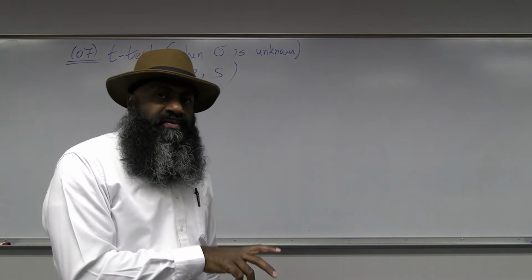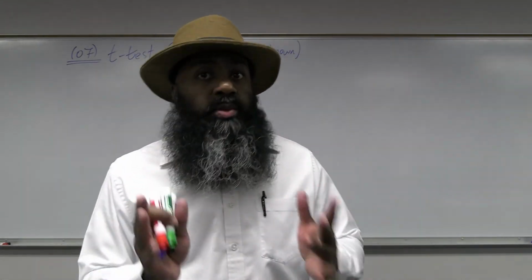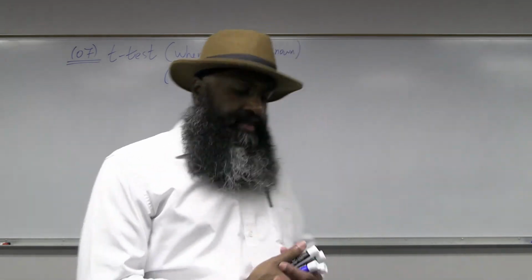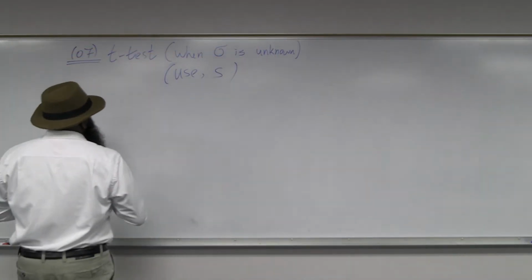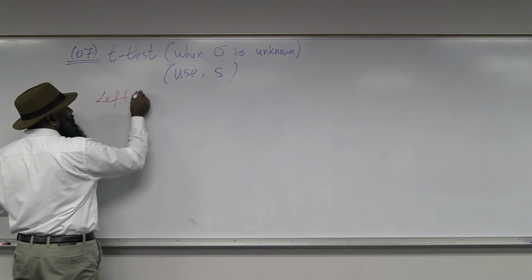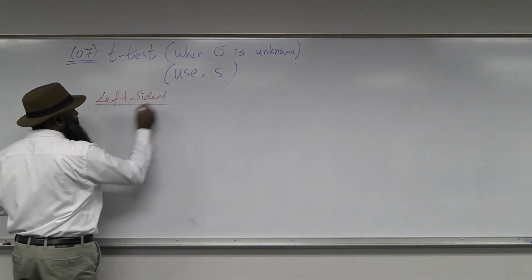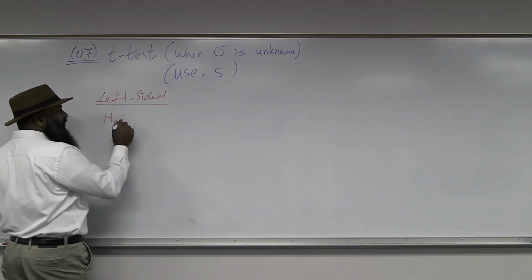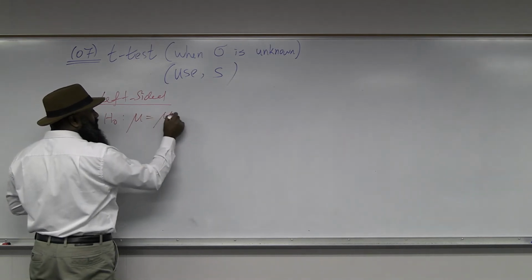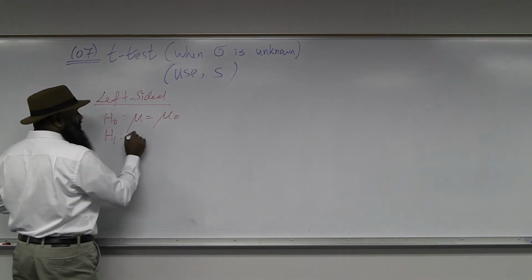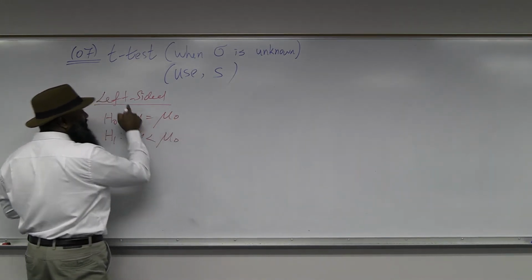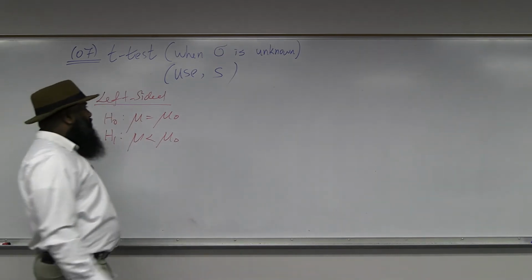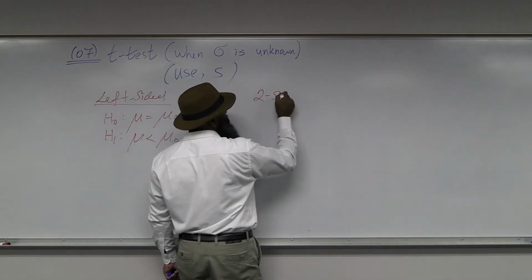Once again, you can have those 3 forms of tests. You can have left-sided, two-sided, or right-sided tests, which means I can have tests of the form null hypothesis is mu is equal to mu 0. The alternative is mu is lesser than mu 0. That is the left-sided test. Or you can have a two-sided test.